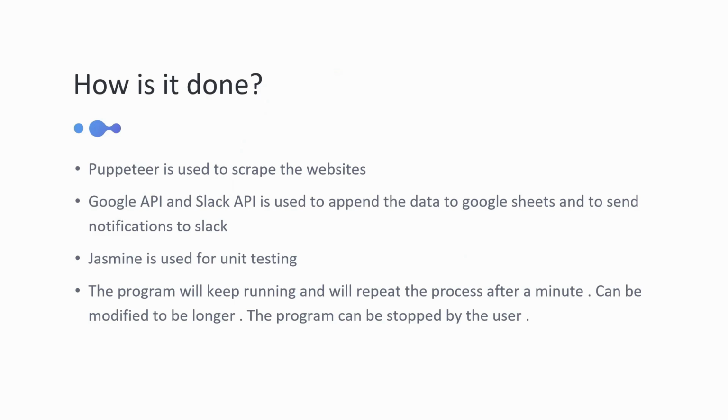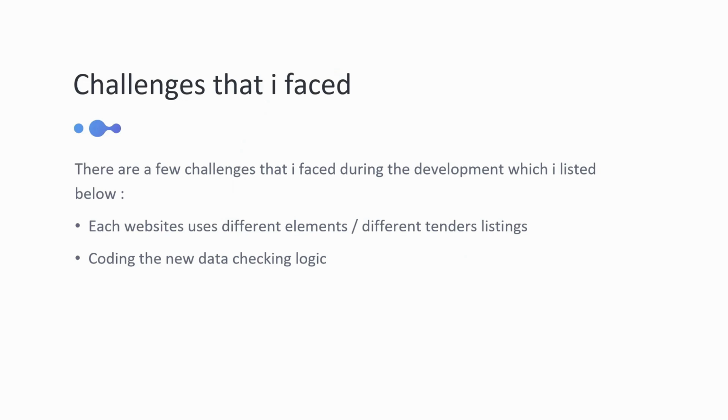Next, we will talk about the challenges that I faced while developing this project. One of the challenges was that each website uses different elements and different tender listings. Some data will have to be scraped from multiple pages and some tenders will have to be scraped from an external link. So I have to code different ways of obtaining the data for each website.